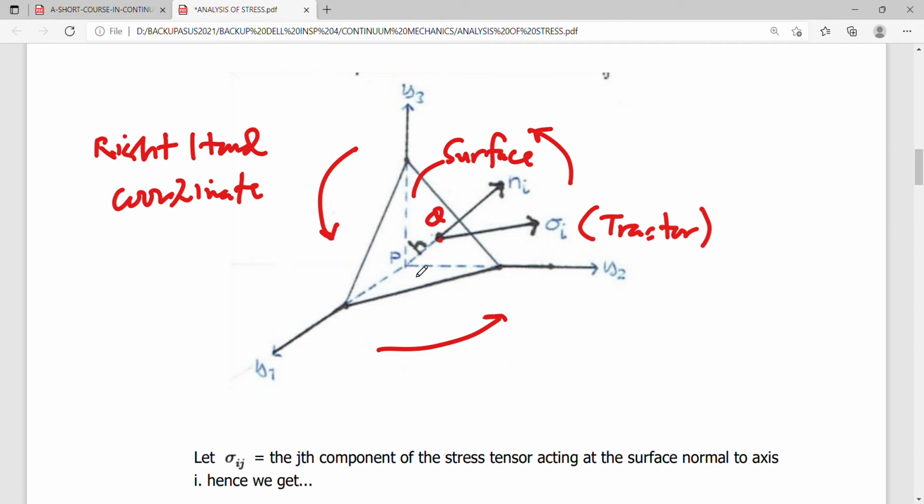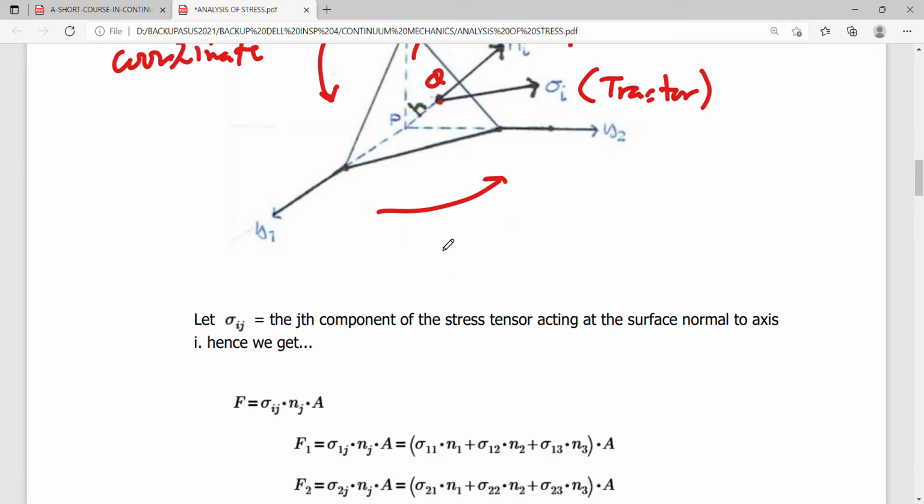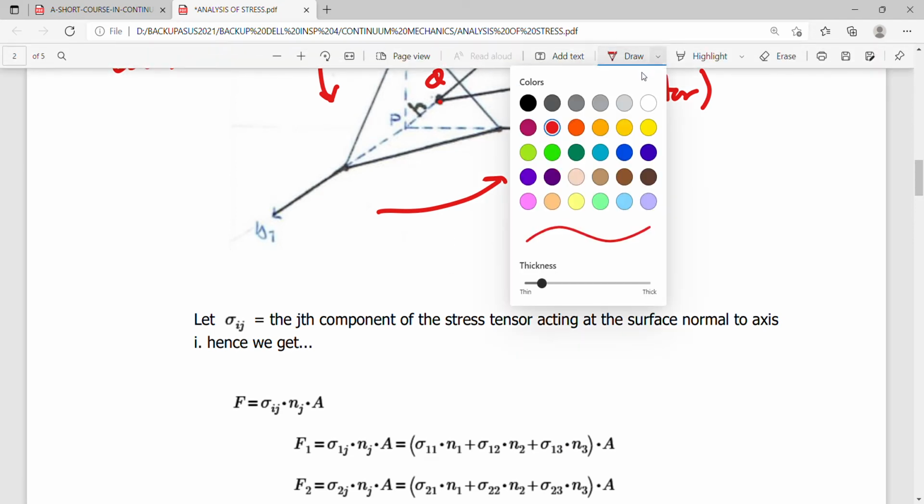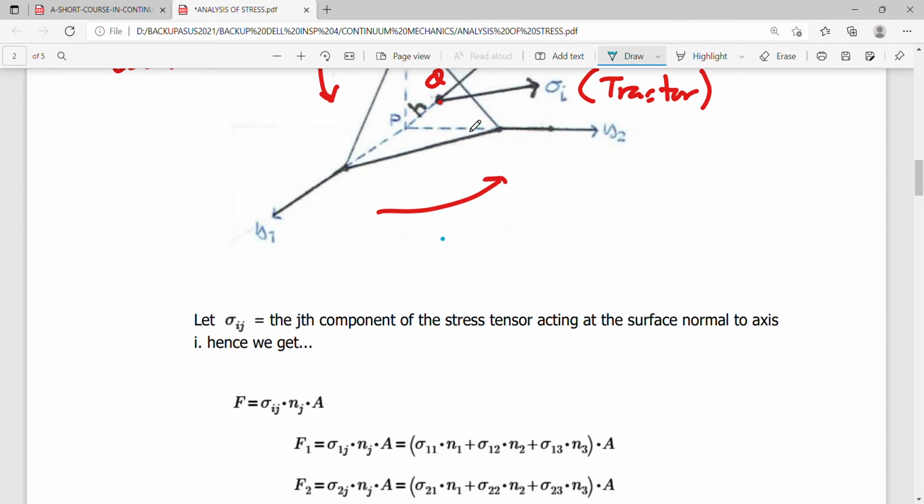Okay, so if we take a look now at the traction force and observe what happens at this particular point, we can now describe a quantity of interest, in terms of a tensorial quantity at this point.